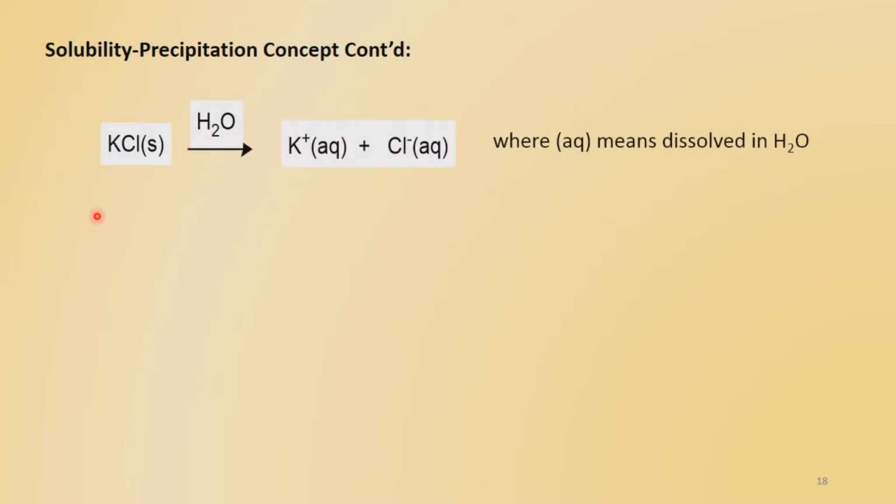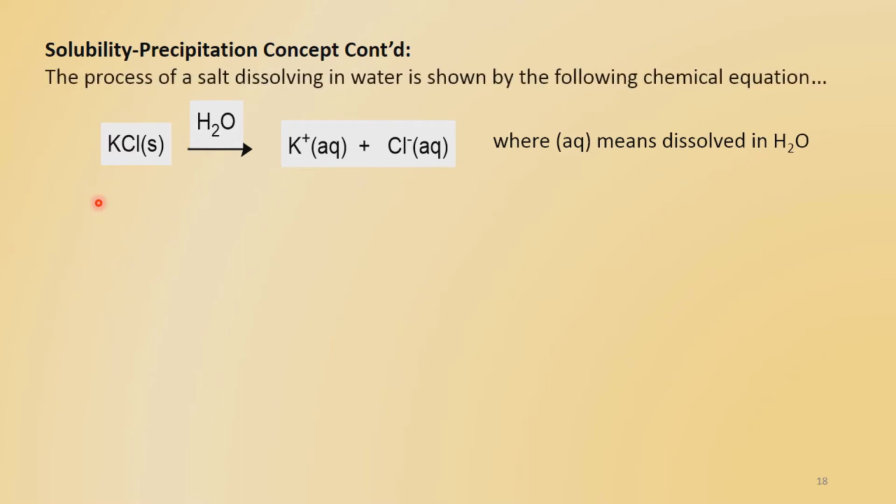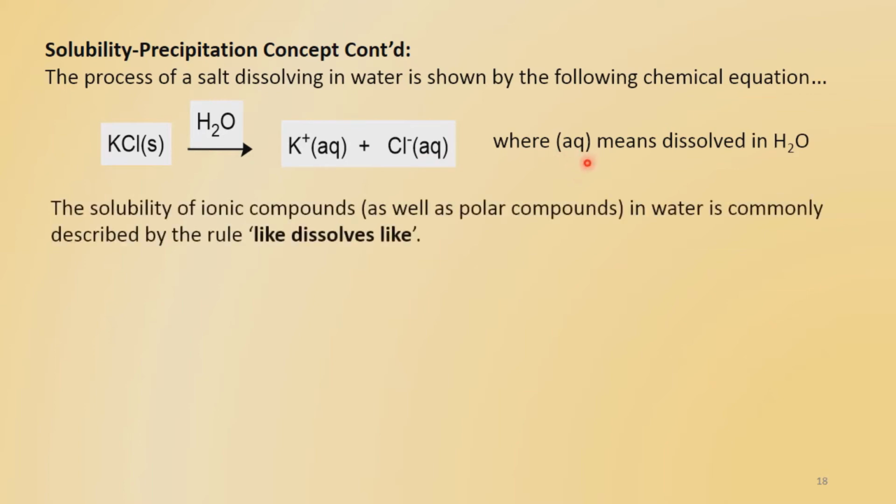So continuing with the solubility precipitation concept, the process of a salt dissolving in water is shown by the following chemical equation. Here's potassium chloride solid, salt, in water, separating into potassium cations and chloride anions, and the suffix aq means aqueous, or dissolved in water.